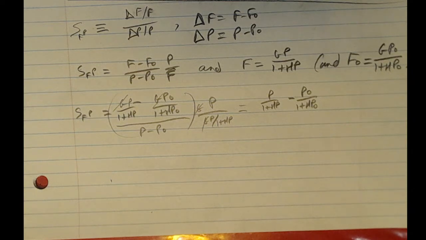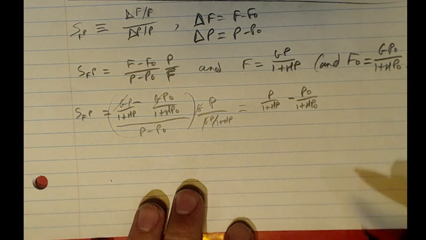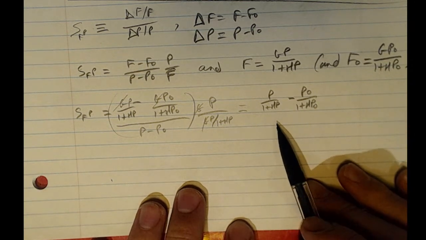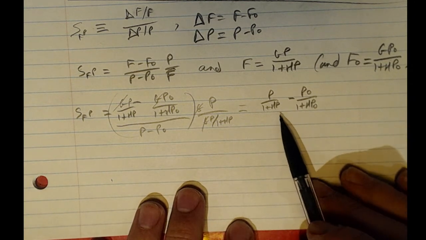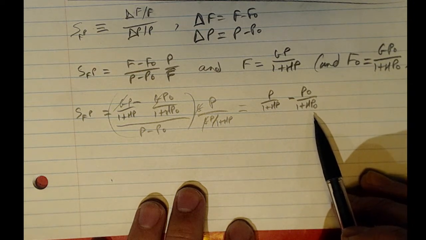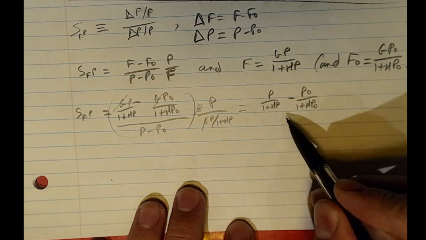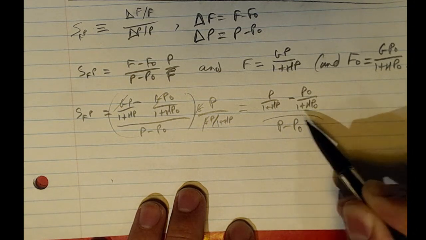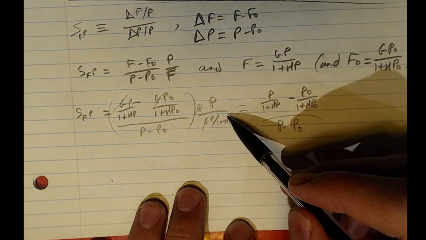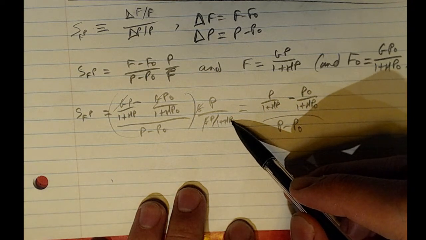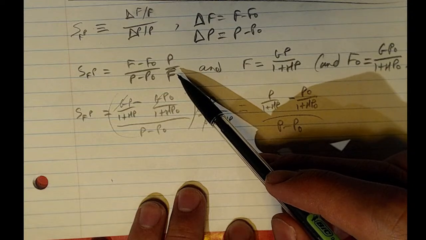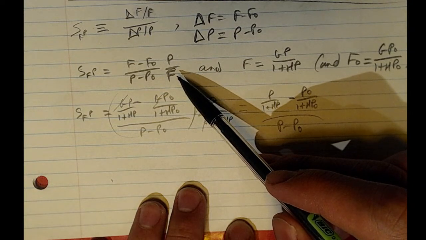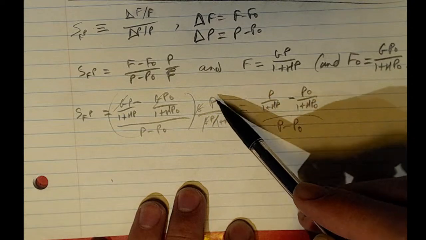All right, let's keep doing the algebra here and seeing where it takes us. I was in the middle of writing this, so P. Oh my god, dude. P over 1 plus HP minus P naught over 1 plus HP naught, all of this divided by P minus P naught, and let's simplify this fraction here. Wait. Oh, I could have actually got rid of this P over here as well.